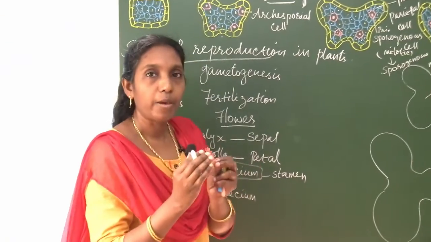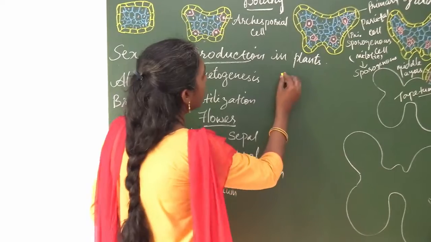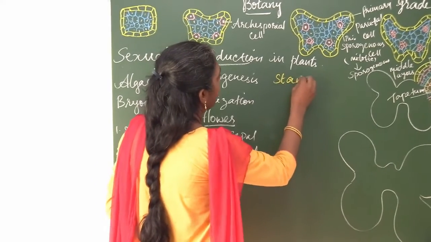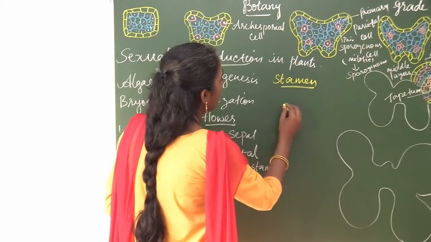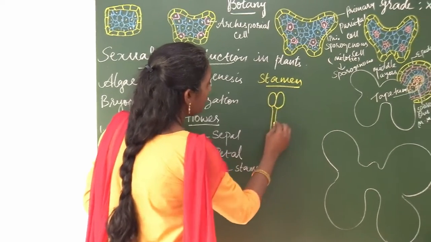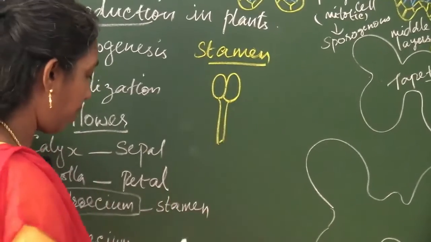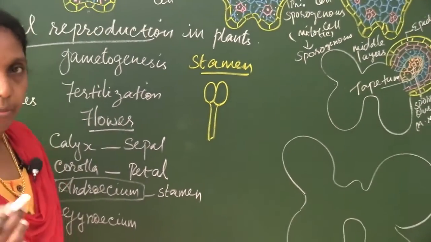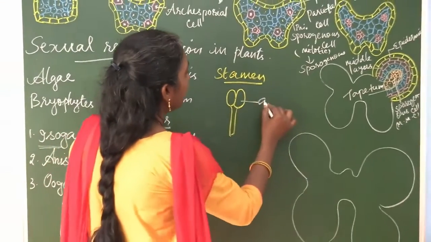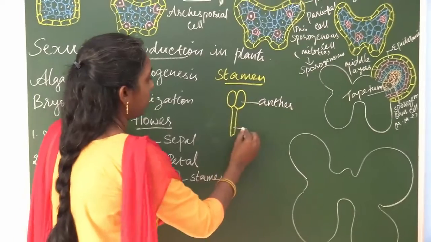The stamen consists of anther and filament.